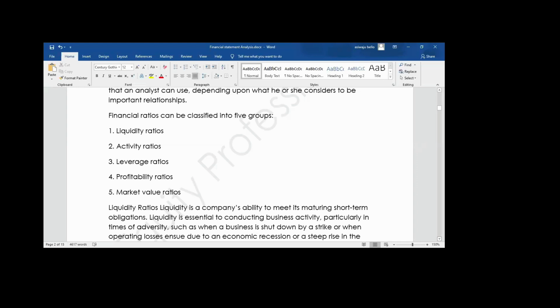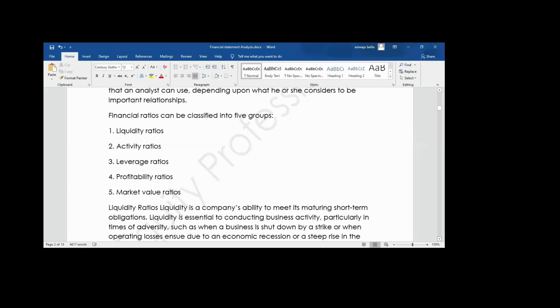I will take that again. Liquidity ratio measures the ability of a company to meet its maturing short-term financial obligation. That means the company must maintain some level of liquidity.